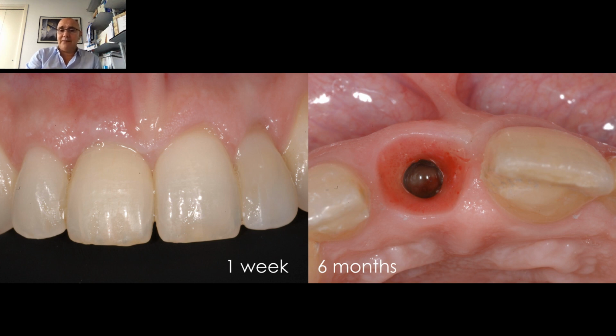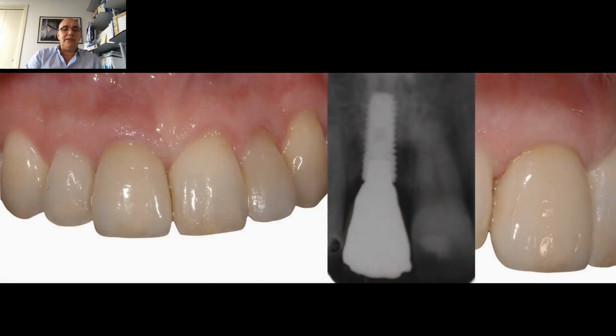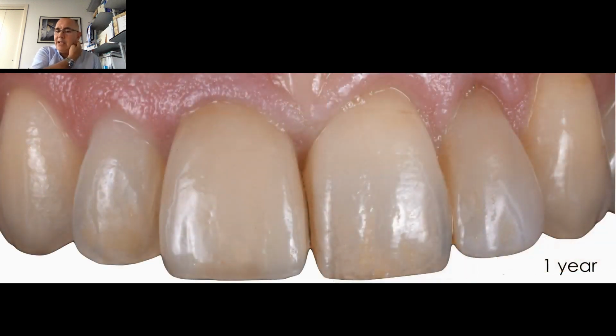And at 6 months, when we removed the natural tooth from the place, we had already a beautiful, fantastic, stable complex of the bone to soft tissue interface in order to place a final restoration. We delivered a lithium disilicate crown, and of course, 1 year down the line, you see the perfect stability of the soft tissue.